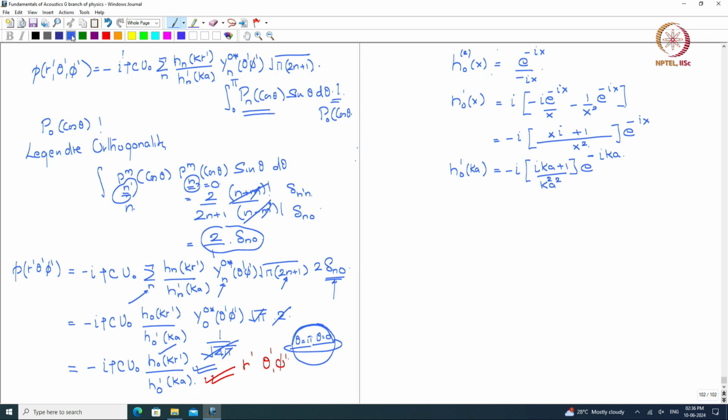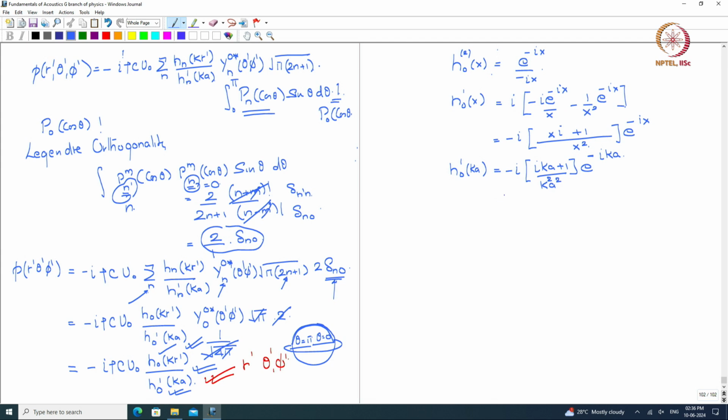So let us see, we are here now and trying to expand h0 and h0 dash to get the final expression. So h0 dash of Ka looks like this. So let us see over here.